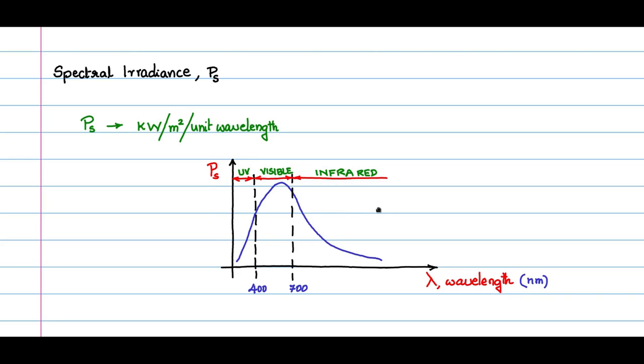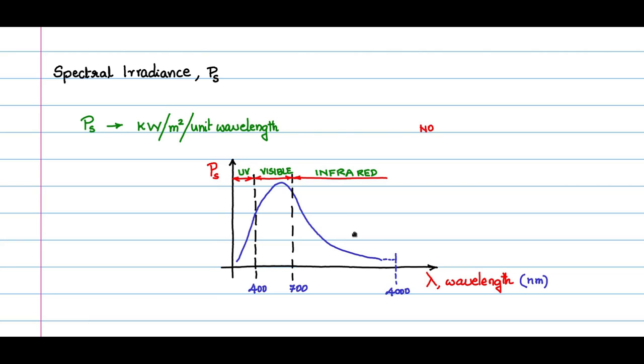And beyond 700 nanometers, maybe up to around 4000 nanometers, you have the infrared spectrum. So these are the thermal regions. This is the visible, and this is the ultraviolet region.